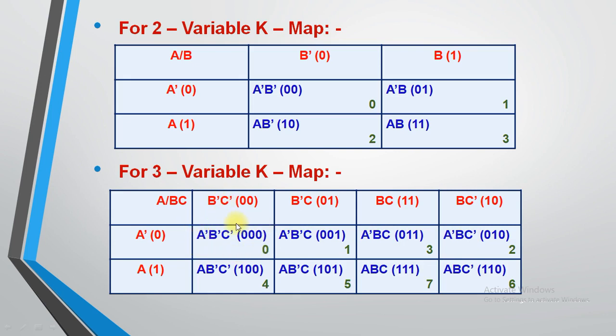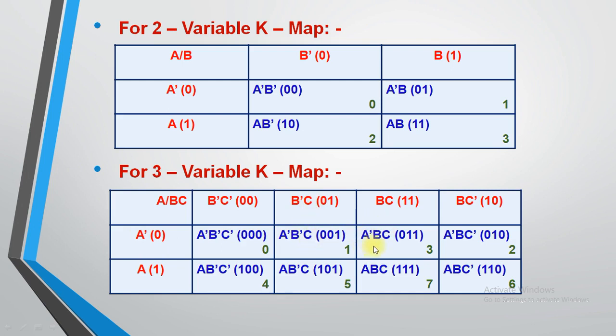For this particular cell, the value of A is A dash, the value of B and C is B dash, C dash. For this particular cell, the value of A is A dash, the value of B is B dash, and the value of C is C. Right?